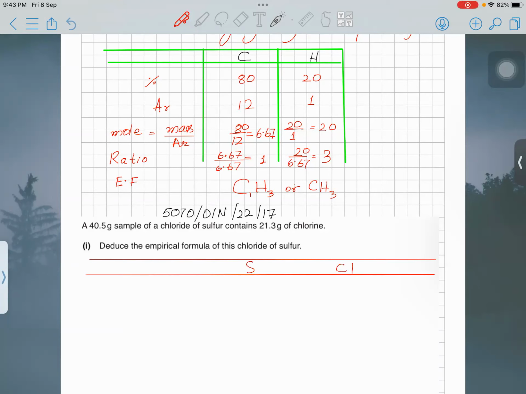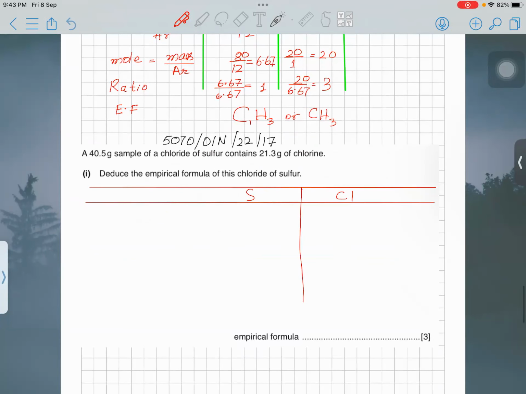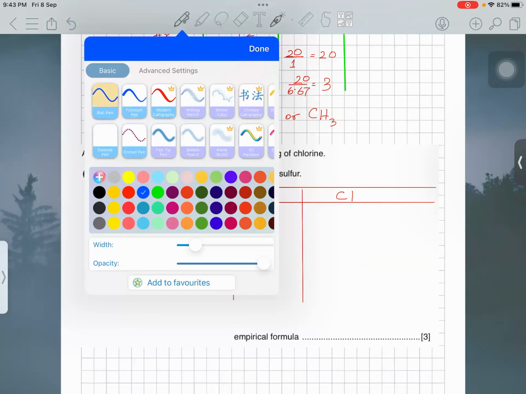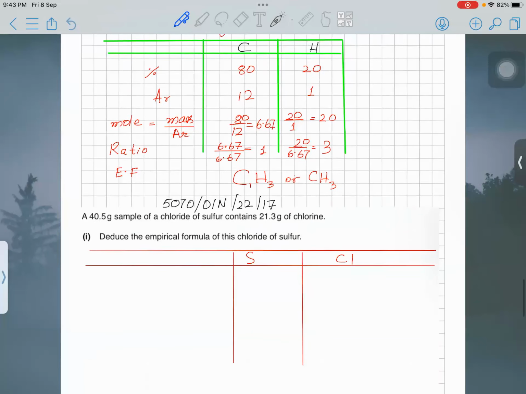Sulfur and chlorine. Masses are given. AR is 32, 35.5. Masses 40.5, 21.3.